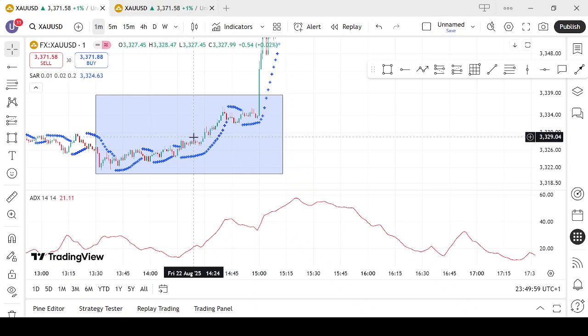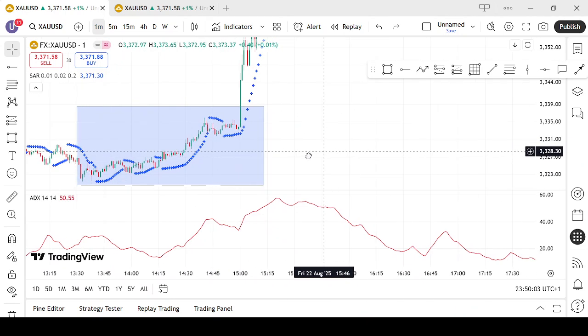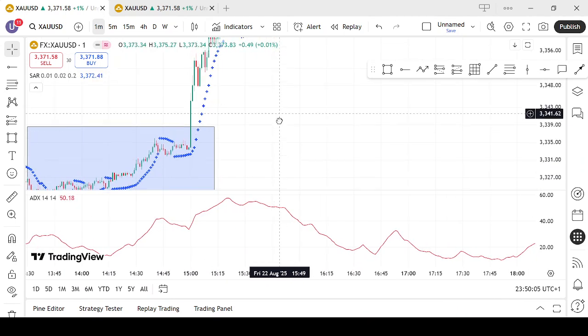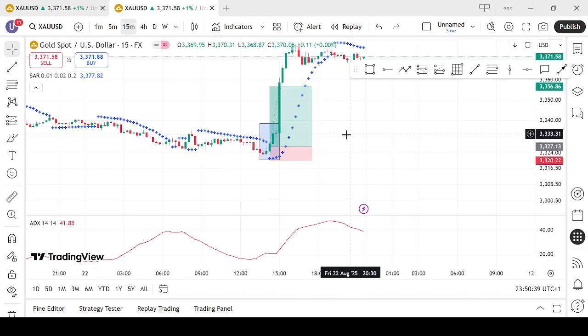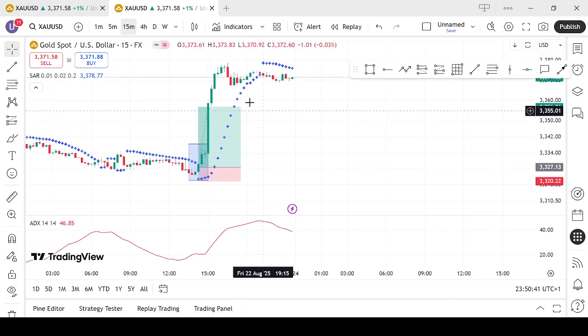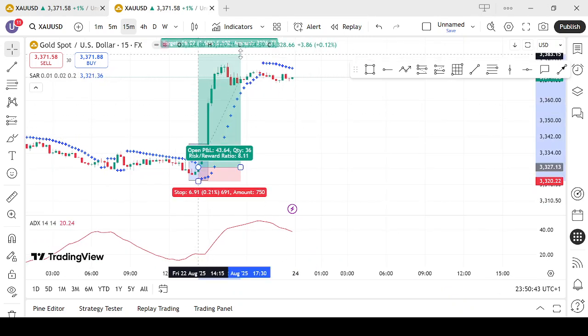So you have to exit your trade when the parabolic SAR flips to the other direction, meaning you can exit your trade when it flips to the opposite direction. Once it switches to the opposite side, it indicates that the market might be ready to reverse to the other direction.